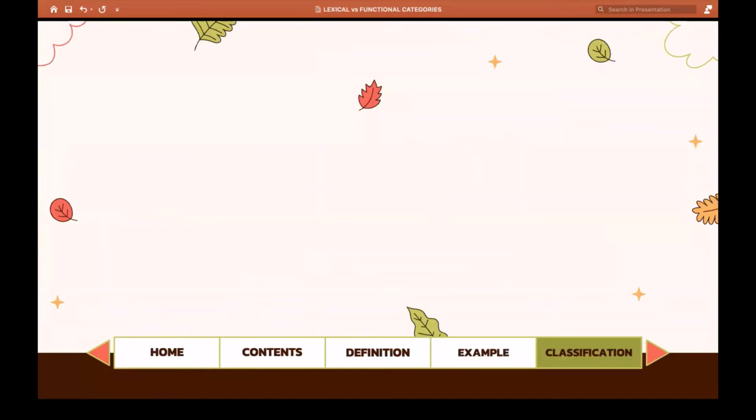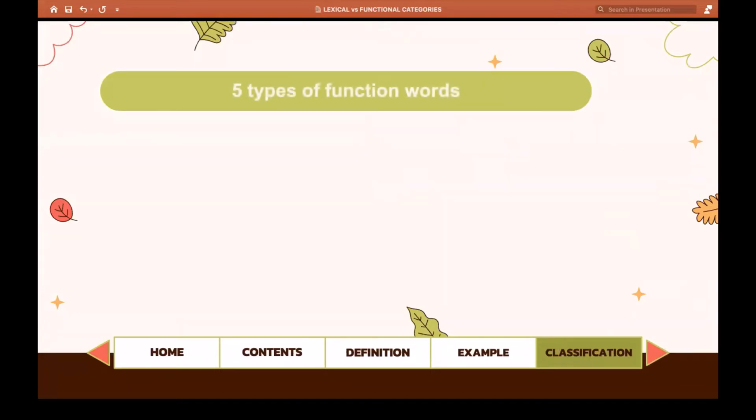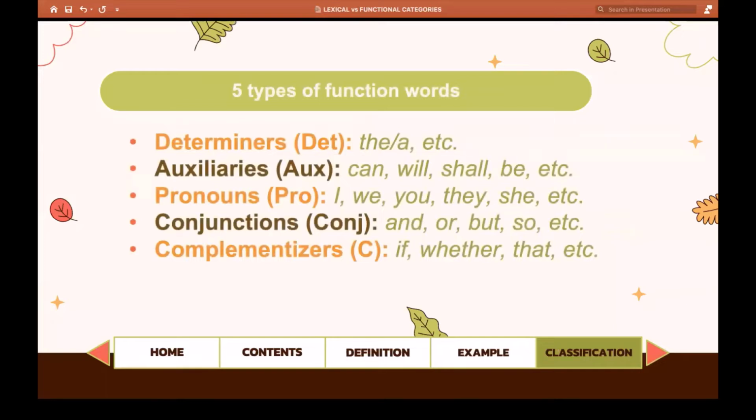Now I will introduce you to five types of function words. The first one is determiners, which includes the, a, etc. The next one is auxiliaries, namely can, will, shall, be.